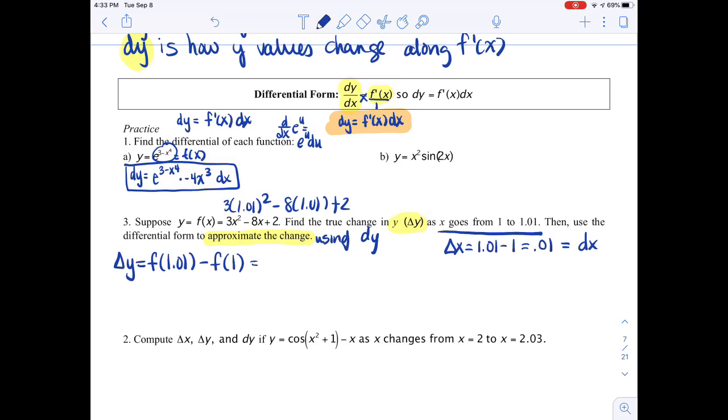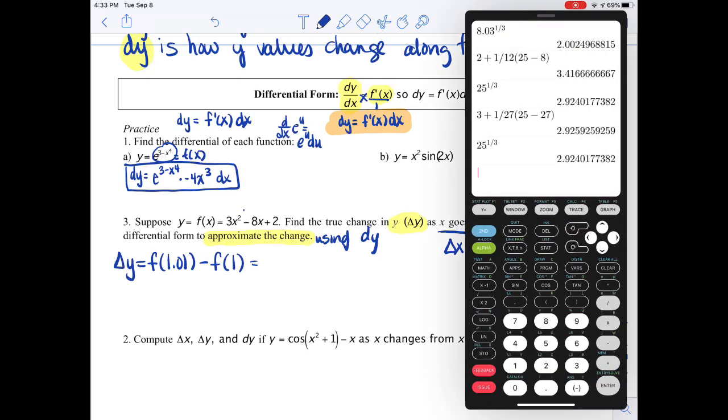I don't know about you, but that to me is not a very easy calculation. That's the whole point of what we're trying to learn here. We can eventually use dy to approximate delta y in situations like this, where if I didn't have a calculator, this would be a really tough approximation. But as I also said before, I'm not talking about learning how to do computations. What we're trying to do is show how differentials give you a pretty good approximation.